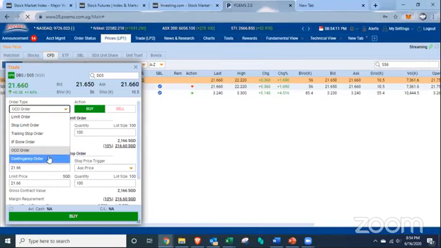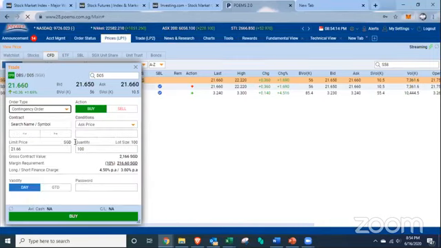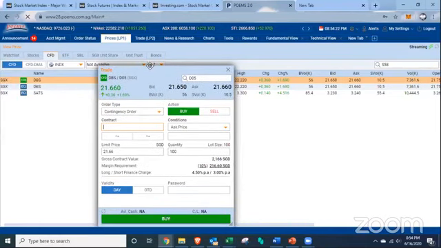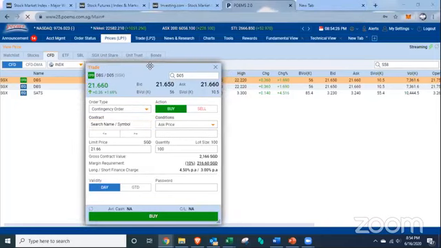Then there's an even more complicated order, the contingency order. I will do a short explanation. For example, we talk about the 3 Singapore banks, DBS, OCBC, and UOB. Let's say I want to see if OCBC reaches a certain price, let's say $9. I can't see the price now, but I want to buy DBS at a certain price also.